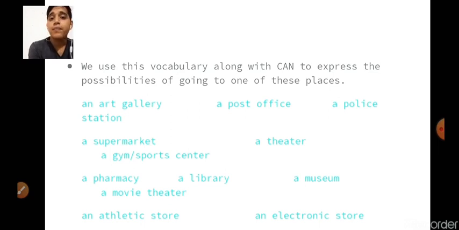We have here the places: an art gallery, a post office, a police station, a supermarket, a theater, a gym or a sports center, a pharmacy, or a drugstore. You can say a drugstore as well. A library, a museum, a movie theater, an athletic store, and an electronics store.